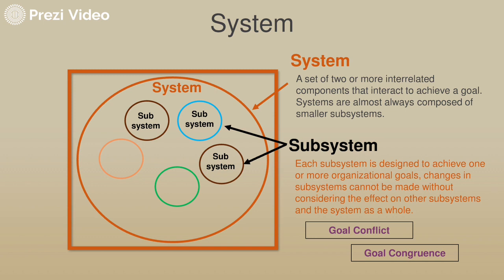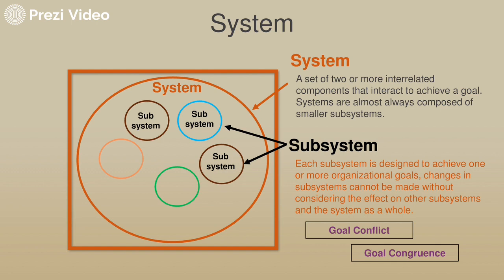By definition, a system is a set of two or more interrelated components that interact to achieve a goal. If you look at the figure in my slide, the larger circle is the system, and most systems are always composed of smaller subsystems.